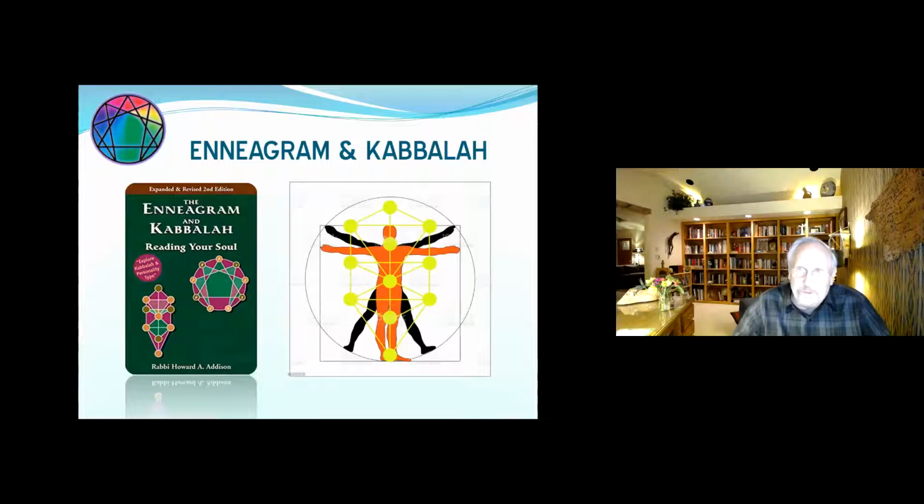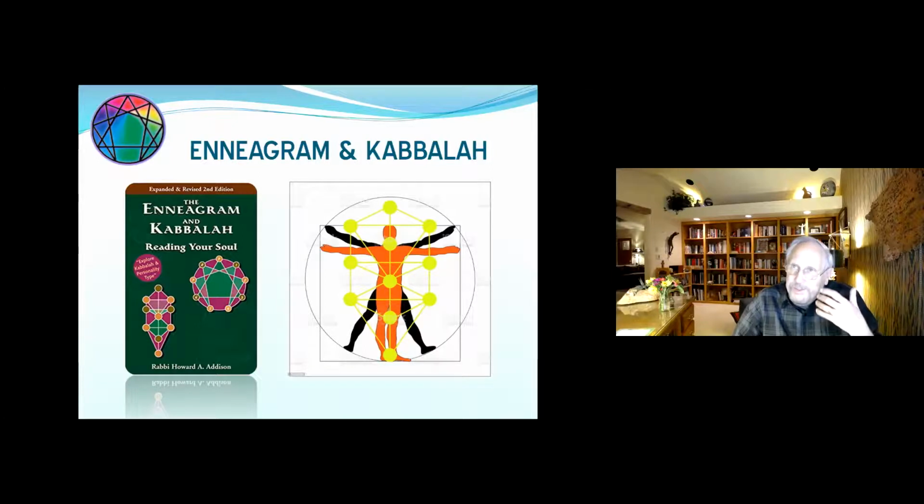So a word about this. Last week I mentioned the Enneagram and Kabbalah as one of the great sources that I'm going to be drawing from in the next weeks. Rabbi Howard Addison's book is brilliant.